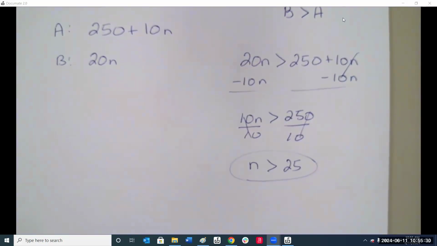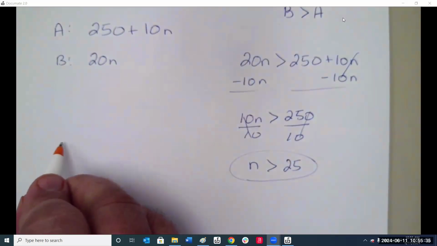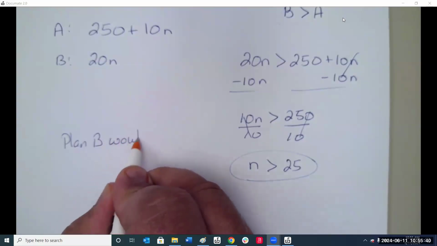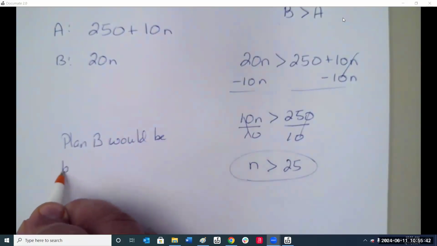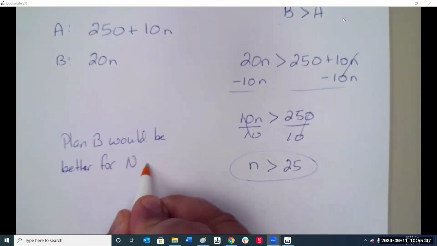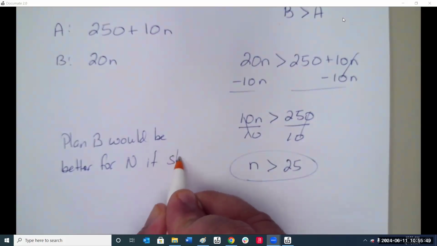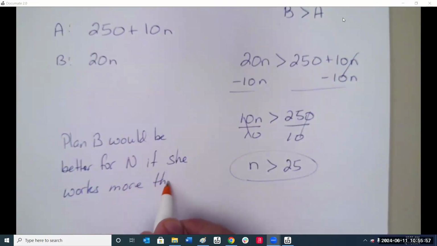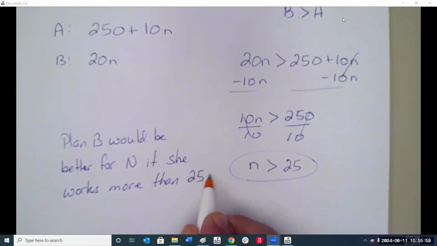So what's your answer? The answer would be plan B would be better for Natalia if she works more than 25 hours. Remember, word problems have to end with word answers.